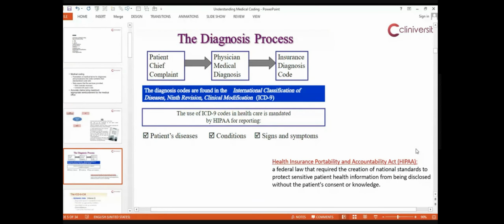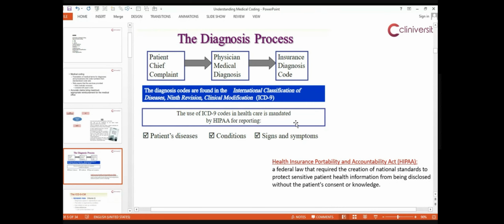This is a federal law that requires the creation of national standards to protect sensitive patient health information from being disclosed without the patient's consent or knowledge, by any hospital or insurance company, etc.